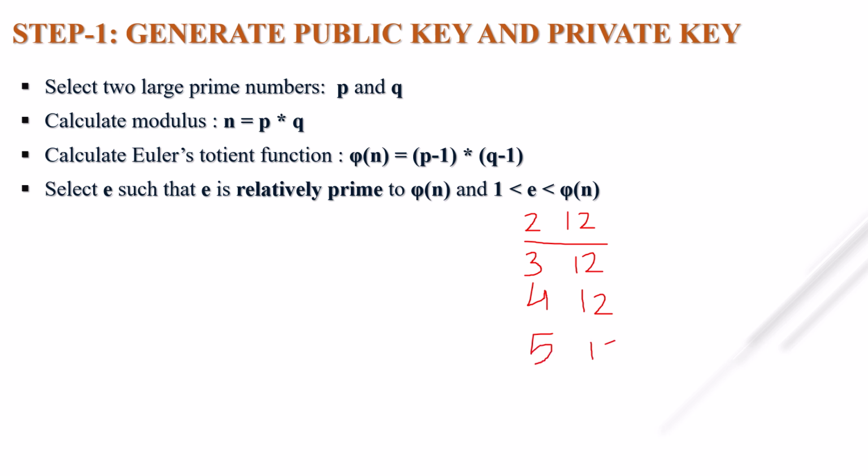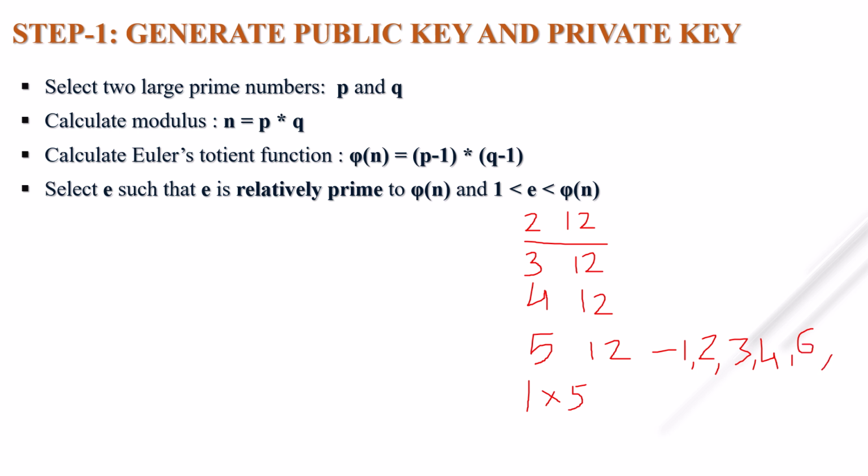common factor is 1. Then I can say E is relatively prime to n, so 5 is relatively prime to 12, because the factors of 5 are 1 and 5. And the factors of 12: 2 6s are 12, 1 12s are 12, 3 4s are 12, 4 3s are 12, 6 2s are 12, and 12 1s are 12.